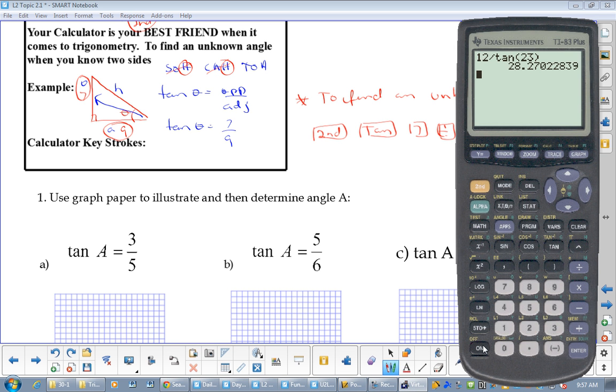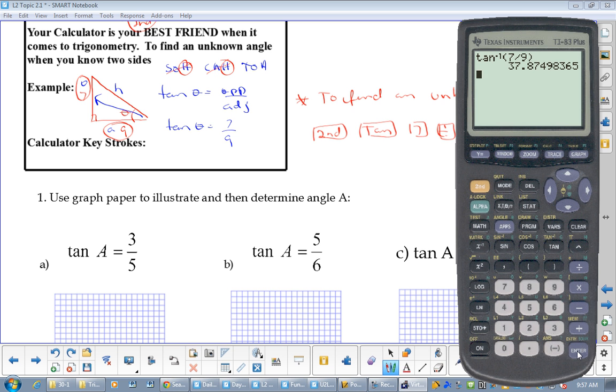If you hit second, and then tan, it always opens with a bracket. I'm going to shut that at the end, okay? And then all you have to do is go 7 divided by 9, shut the bracket. So you will get 38 degrees.